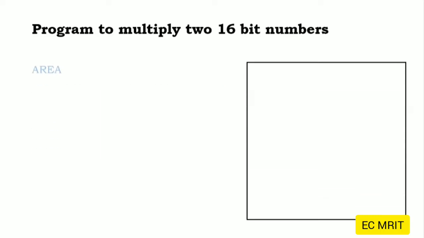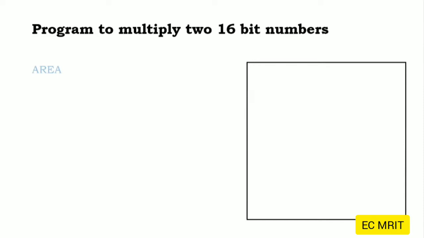Whenever we start writing any assembly language code, we need to declare this line. That is, first we need to declare an area, and we need to give a name for that area and the type of that area. So first we need to define an area. Let us take that we have a memory.